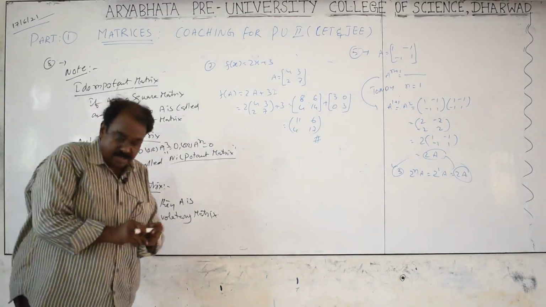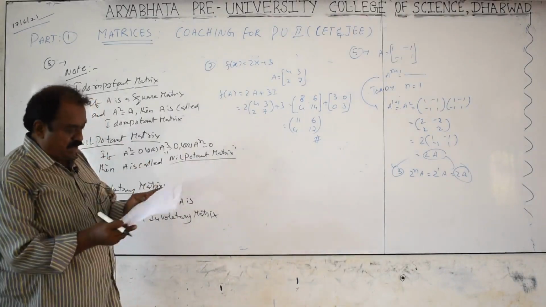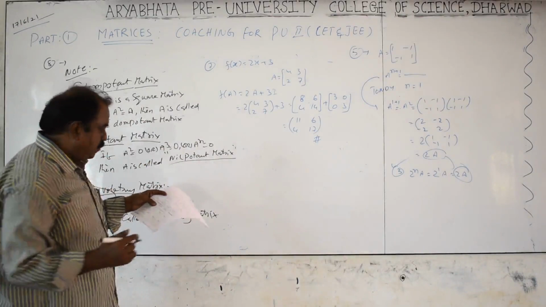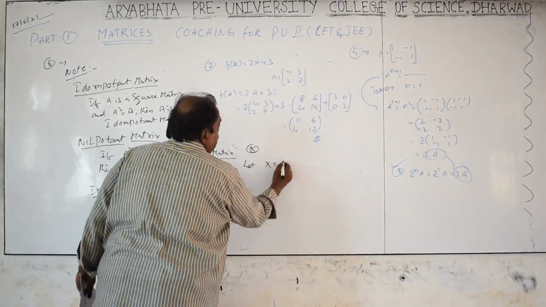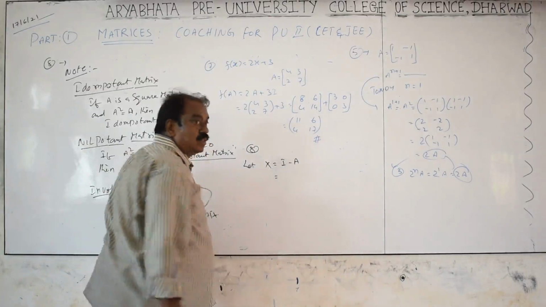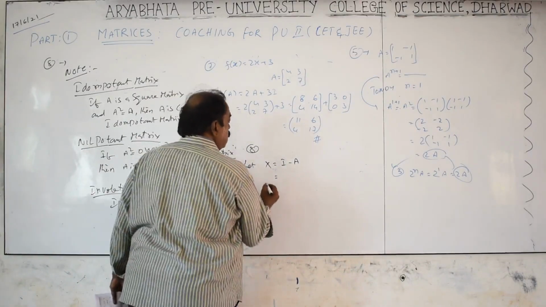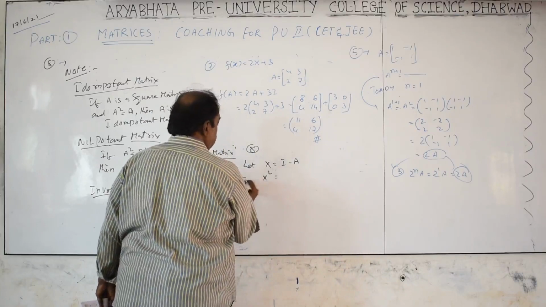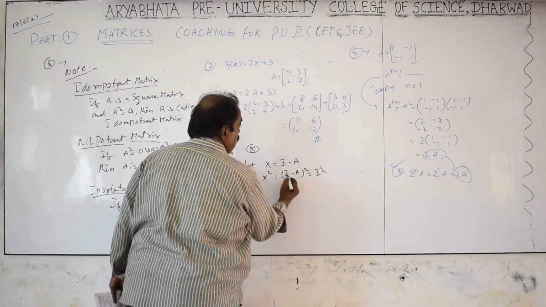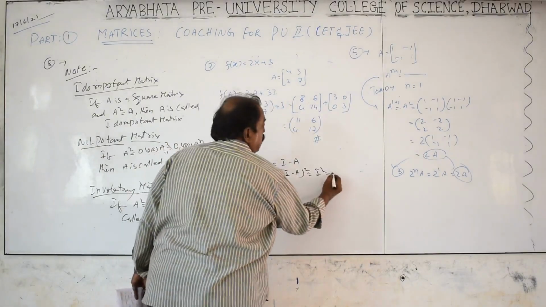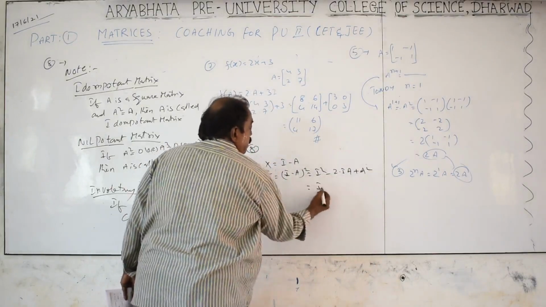Now we come to the problem, that is the eighth one, related to the idempotent matrix. Let capital X is equal to I minus A. Then X square is equal to I minus A whole square, that is I square minus 2 into I into A plus A square.